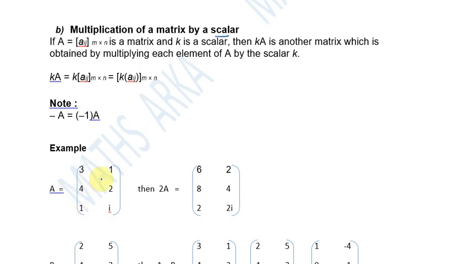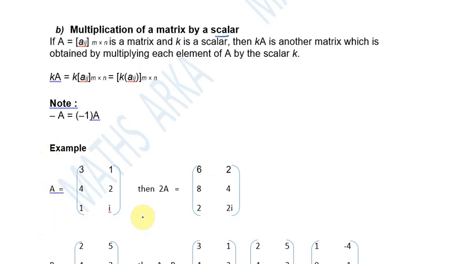Each of the elements should be multiplied by that scalar. So here we would be getting 3 cross 2, 1 cross 2, 4 cross 2, 2 cross 2, 1 cross 2, and 1 cross 2. So 3 cross 2 is 6, 2, and here 8. Just multiply each of them and then we get the result. So we learned about scalar multiplication as well.